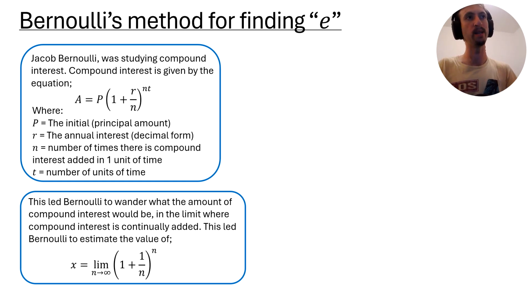So how can we think about this limit in a way that this expression will converge as n goes to infinity? Well, as n goes to infinity, 1 over n is going to be quite small. So we're thinking of calculating 1 plus something that is much smaller than 1, all to the power n.